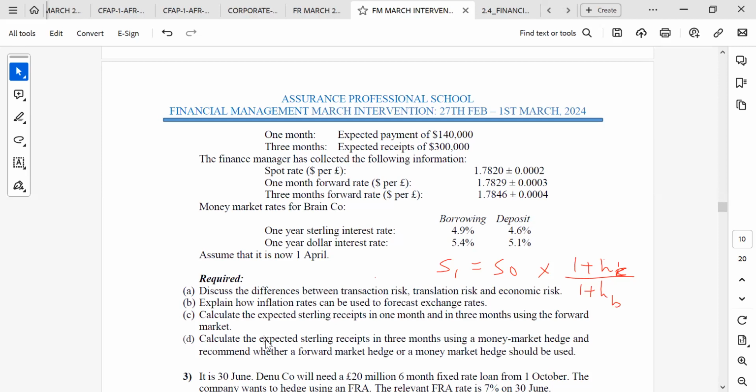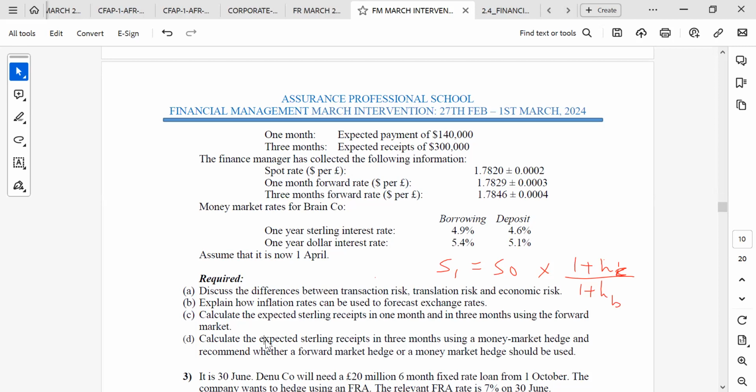If $1 is now 5 cedis, and in 2 months' time the respective inflation rates in the two countries will be 2% and 5%, what will be the Ghana cedi in 2 months' time, taking the inflation rate into consideration? What will be the value for the USD, taking their inflation into consideration?